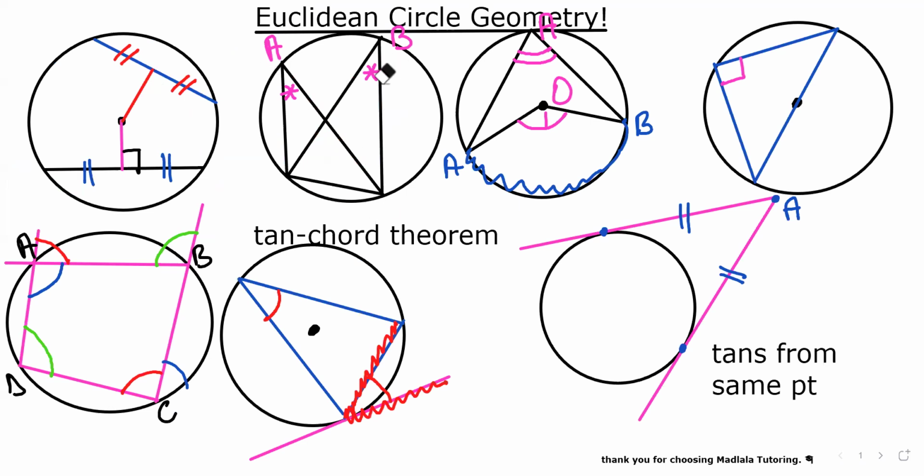Did you know that if we can prove that angle A is equal to angle B, then it means ABCD will be a cyclic quad? Well, that's true because if I were to join these together, then it's now a cyclic quad.